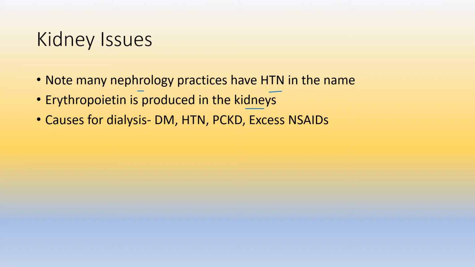You go into a dialysis unit, many of these people are diabetic, many of them are hypertensive, a bunch have polycystic kidney disease, and there'll be a few that took too many NSAIDs. I actually wonder, with a great cutback on narcotics that we're trying to do, if we're going to see more people with renal failure associated with NSAIDs, but I have not actually seen any data so far.